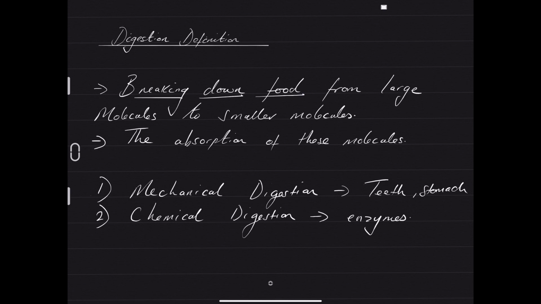So just keep a note that chemical digestion does not happen many steps after mechanical digestion, i.e. when you start chewing your food. Chemical digestion occurs right from the outset of when we consume food, and this will be important when we look at the various enzymes that are involved in digestion.